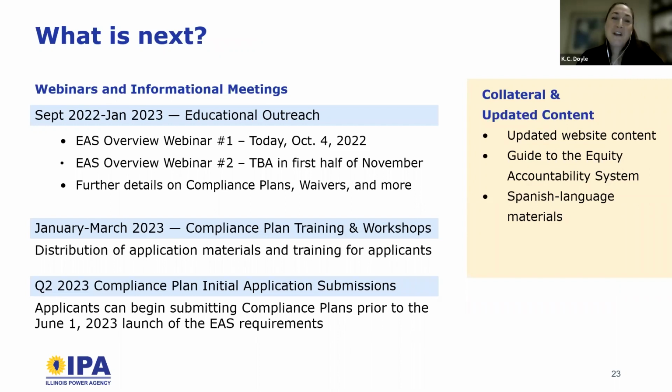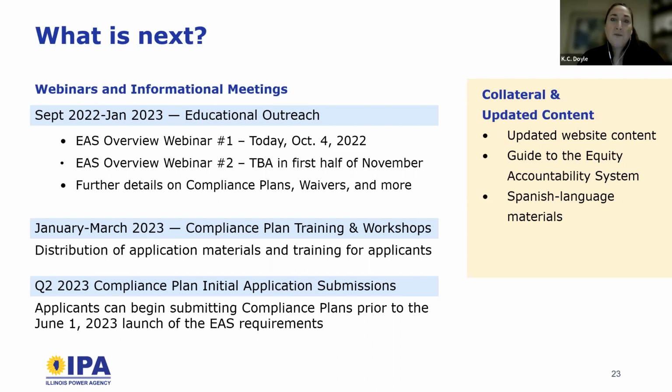All right, and then just a couple of notes on what to expect next. We will have a second webinar on this topic. We are still determining the date, but we're looking for the first half of November. We will also be providing further details on compliance plans, waivers, and other documentation for this entire segment. And between January and March of next year, we'll be hosting compliance plan training and workshops and distributing materials for the EAS.